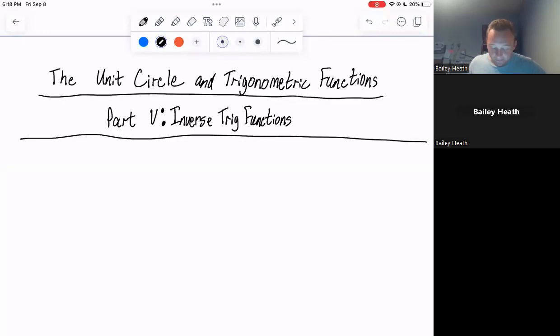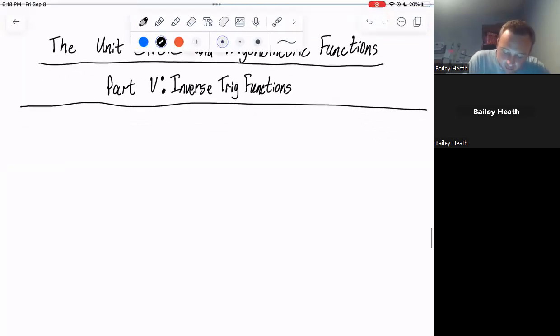And to start, I want to give us a quick reminder of inverse functions in general. I'm going to give us a very simple example to remind us what inverse functions are all about in the first place. And then we'll bring in the trig. So let's say I define a function f of x equals 2x. Now, if I ask you to find f inverse of 4, what is this?